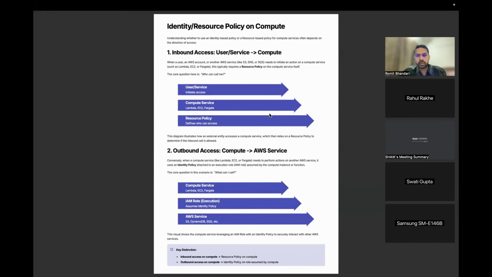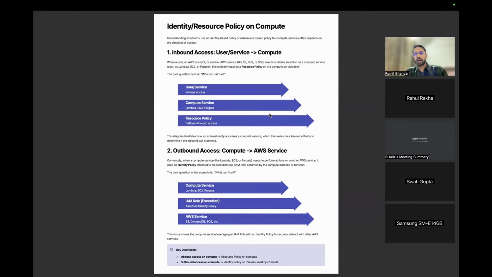This particular slide will make things very clear what I have been talking about for the last 5 minutes, specifically with respect to roles. So let's consider two scenarios. One, you have an inbound access, a user or a service. As a user, you are logging in, or as a service, it could be SNS, S3, SQS, anything, but not compute.